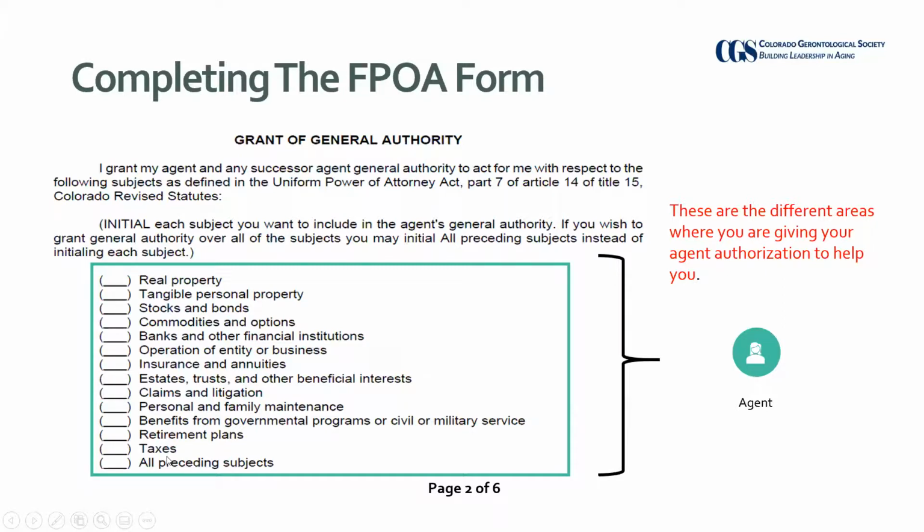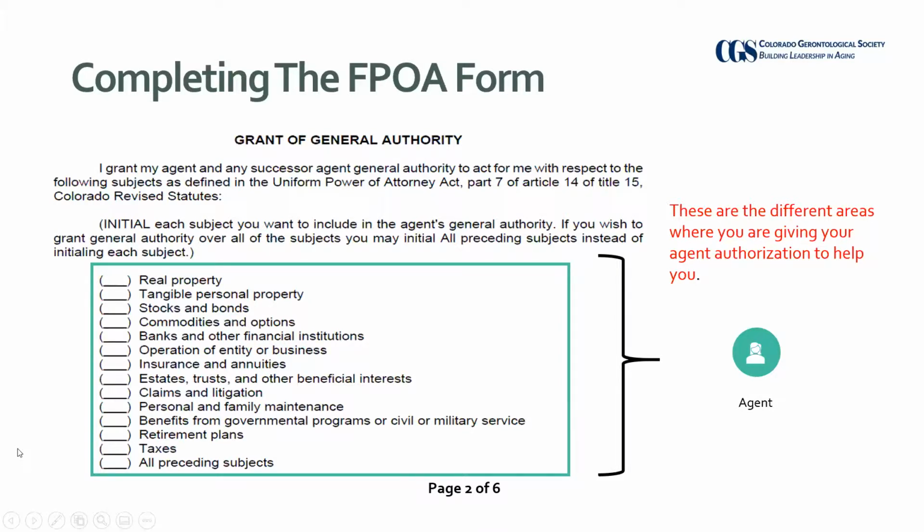So some individuals use the "all preceding subjects" option to give permission in all of these areas. And where I've seen it, the individual basically says, I don't know what areas I might need assistance, so I want to make sure that they have the ability to assist me in all of those areas.